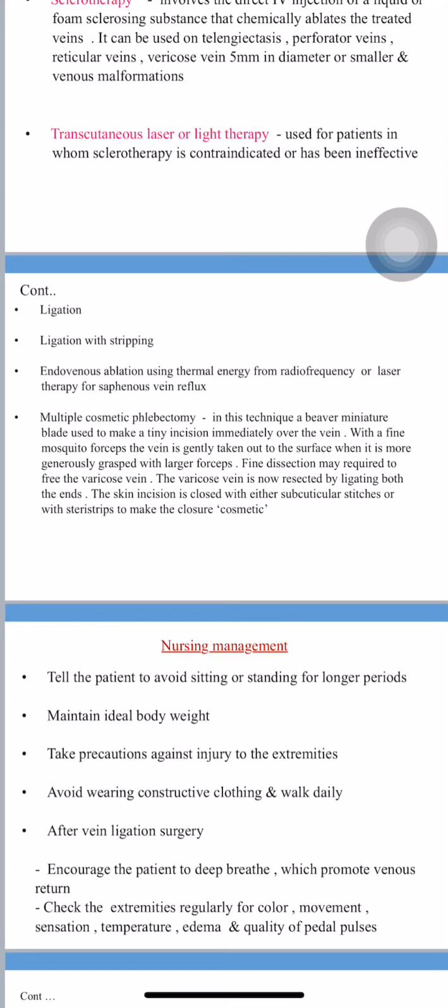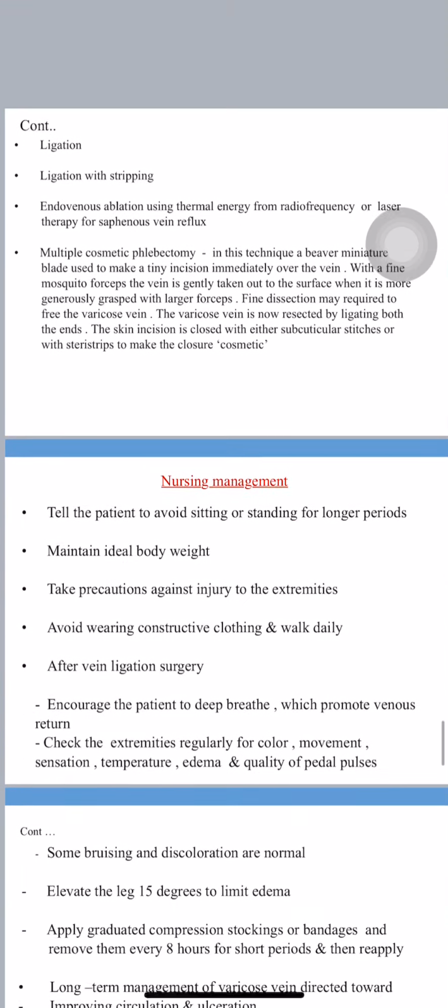With a fine mosquito forceps, the vein is gently taken out of the surface, and when it is more generously exposed it is grasped with larger forceps. Fine dissection may be required to free the varicose vein. The varicose vein is now resected by ligating both the ends. The skin incision is closed with either subcuticular stitches or with Steri-Strips to make the closure cosmetic.